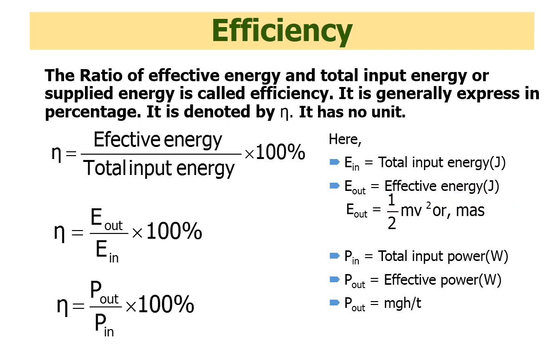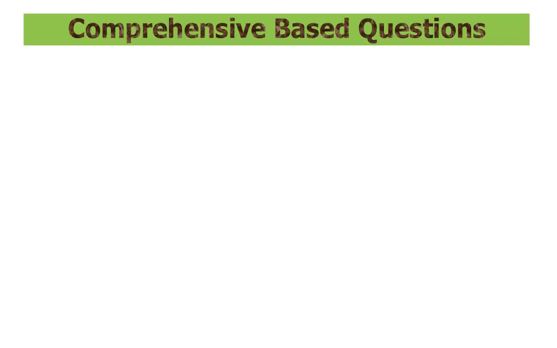If somebody is doing some work, or if a body has kinetic energy, we can calculate the output energy by applying the formula of kinetic energy, or mgh, that formula. Here P in means the total input power, and P out means effective power or output power by the engine. We can also calculate the output power by the formula of mg.